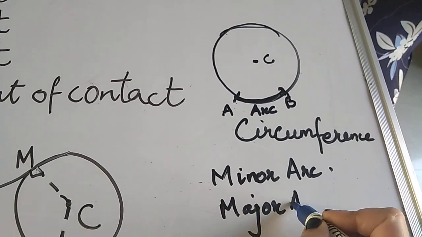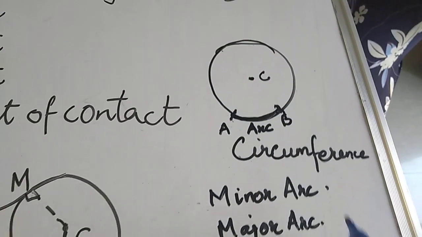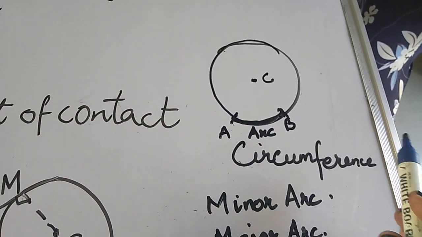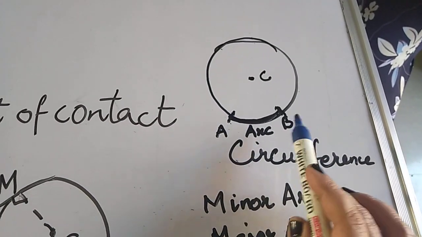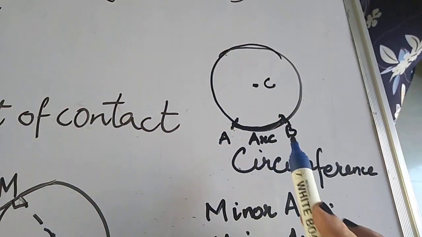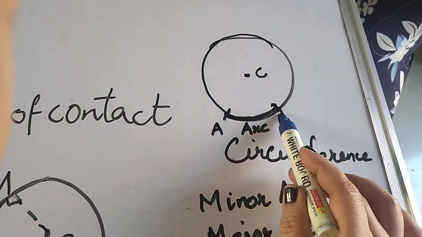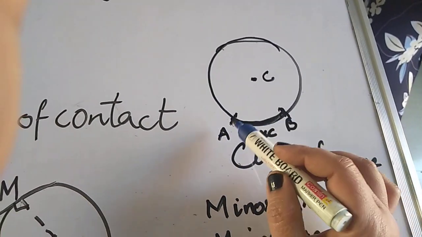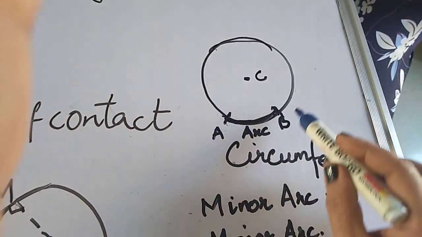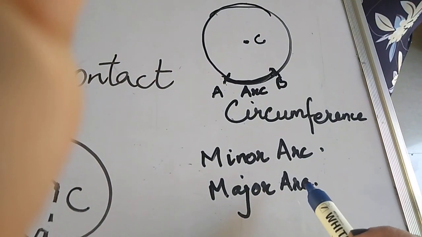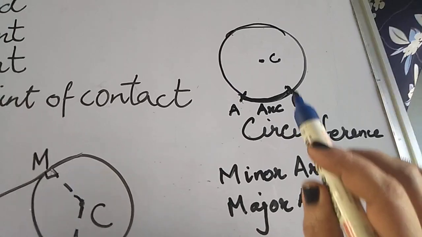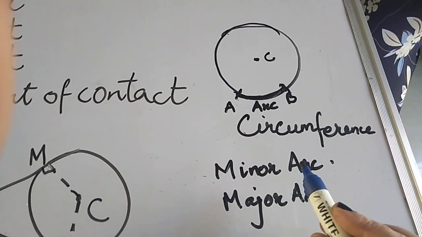Major means big. Points A and B on the circumference divide the circumference into two arcs. The smaller arc is called minor arc and the bigger is called major arc. We write minor arc AB and major arc AB.